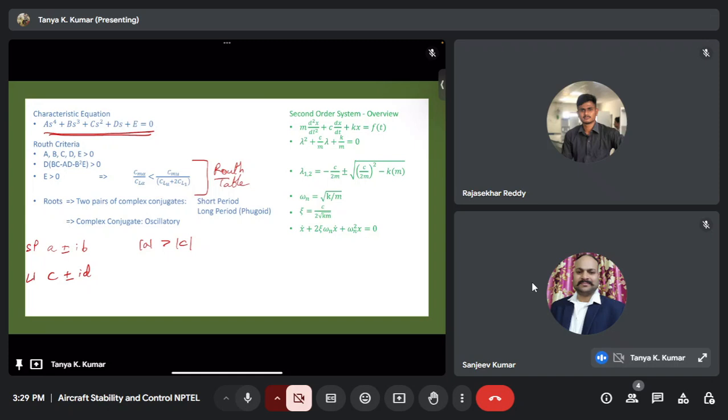Now for stability, should A and C be greater than 0 or less than 0? From what we have learned, should the real part of the root be positive or negative?